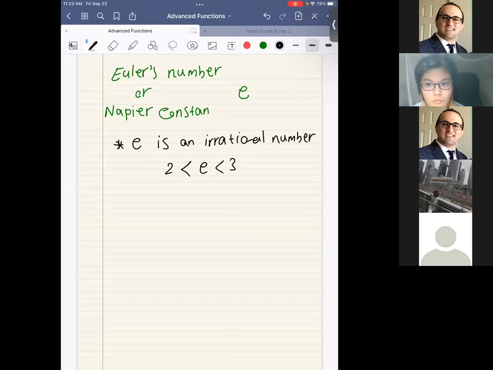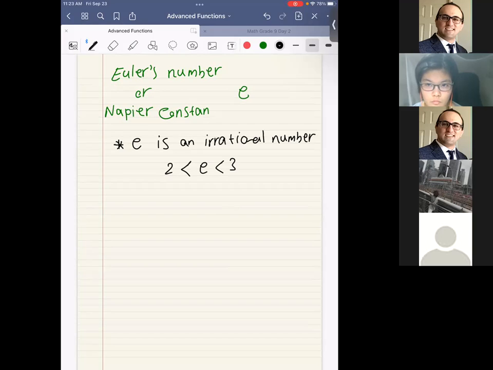One question is where this number comes from. One example comes from finance. It arises in some finance examples, which is compound interest.